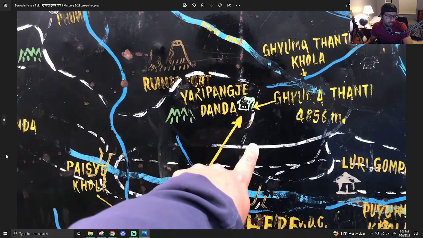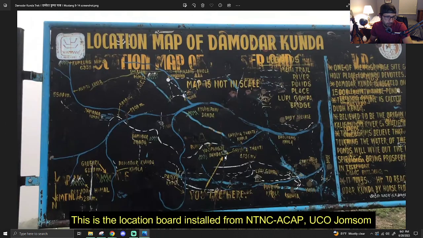So that's where they are, and they're going to hike on this trail over this way to Damodar Kund, which is over here actually. So this is the ramp. This is the switchback probably around there. Some river they have to cross along the way.